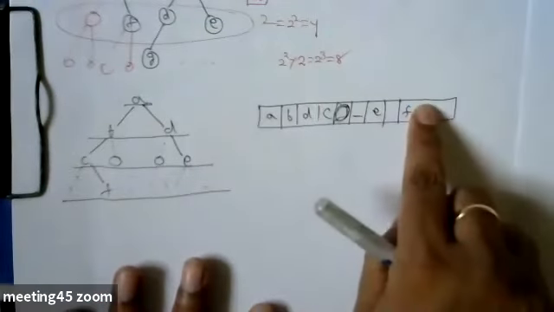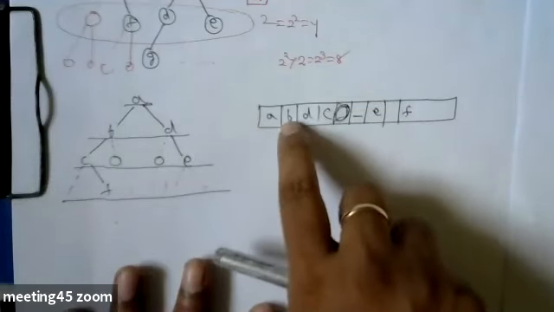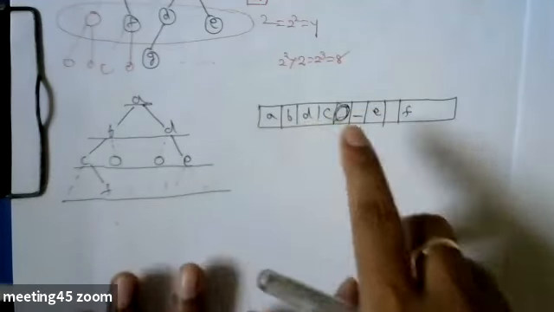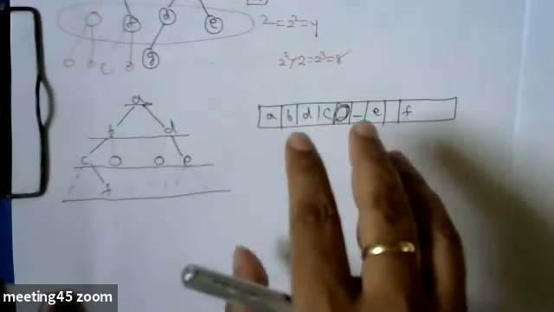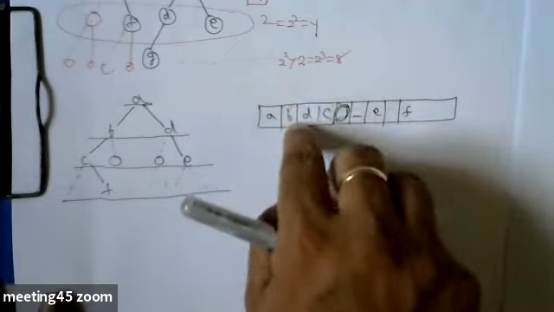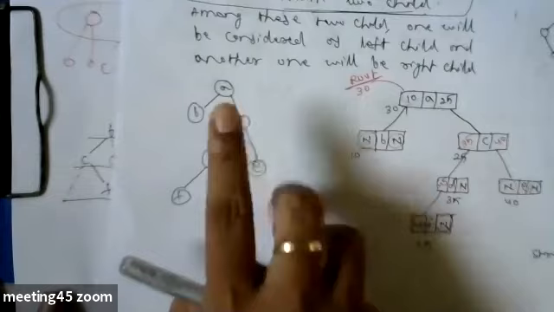Whereas in the array scenario, if it is properly maintained, there is no need for extra memory space. So that is the importance of array representation for a tree and linked list representation for a binary tree, not a normal tree.